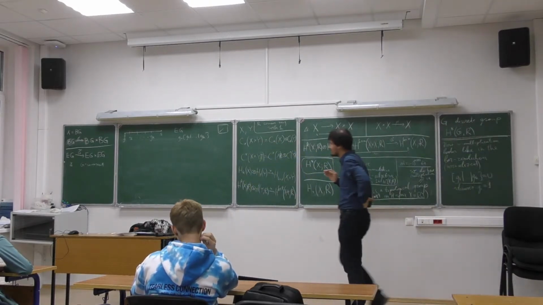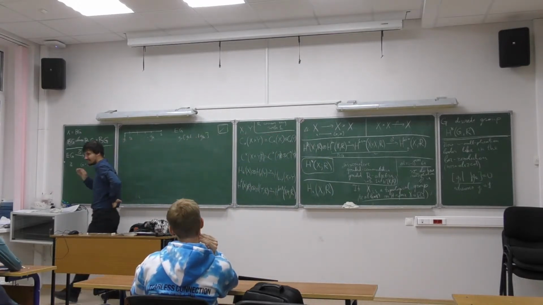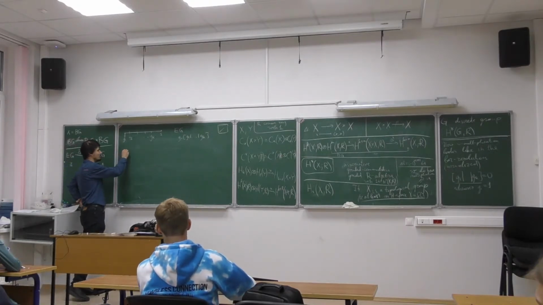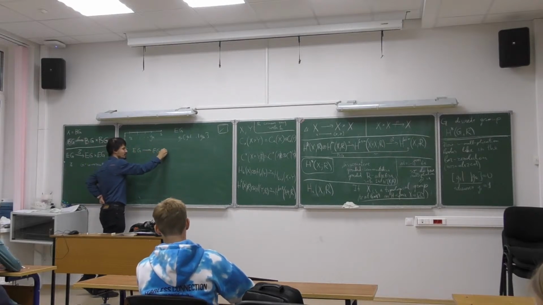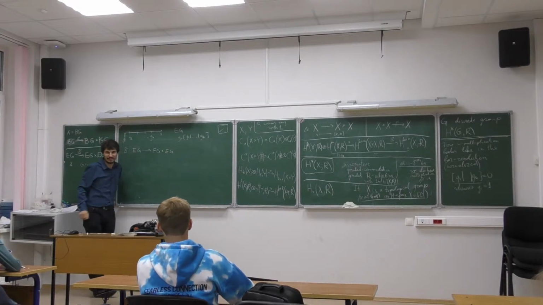I don't want to discuss the general situation. Let us just invent one map. What is the best possible way from EG to EG times EG? What can be a natural idea?